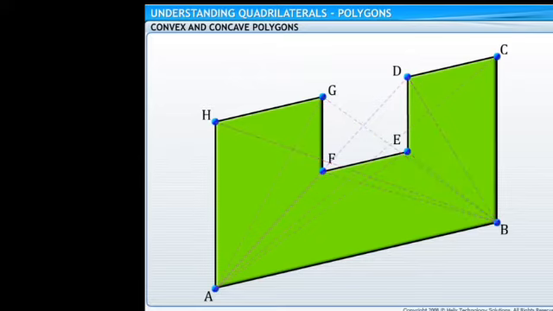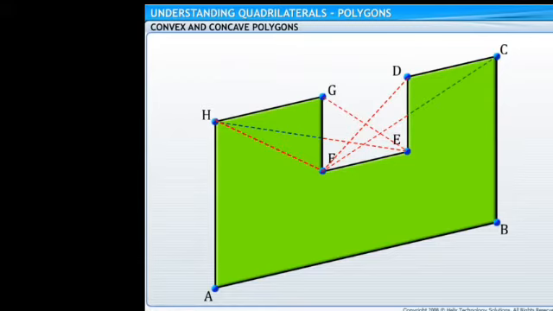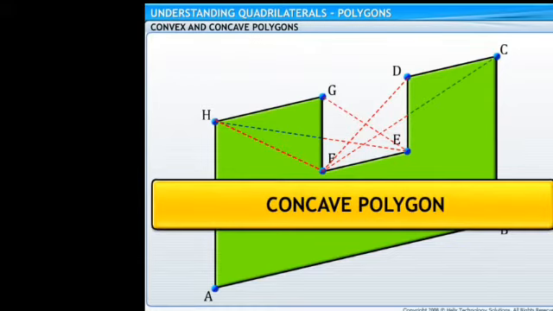Now, we draw diagonals from vertex E to other non-consecutive vertices G and H. Likewise, we draw diagonals from vertex F to other non-consecutive vertices. Now, observe that diagonals EG and FD lie outside the polygon. Therefore, this is a concave polygon.